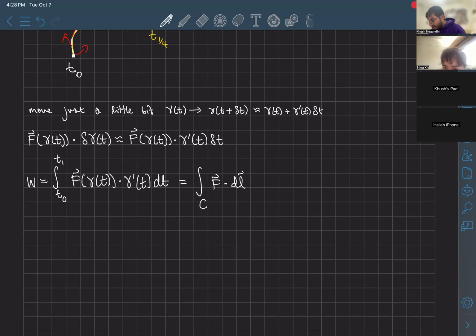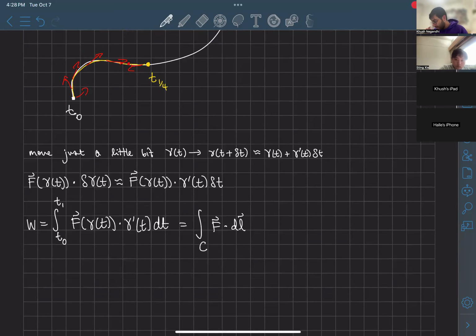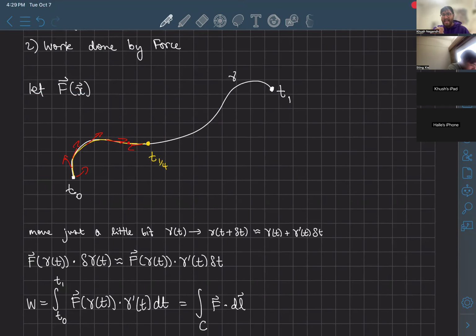So now what's the difference between C and gamma? Gamma is the function that takes in a time t and gives you a position of where you are on the curve, okay? And C is the curve itself. Or in other words, you can think of it as the image of the parameterization. So gamma is sometimes called the parameterization of C, and C is the actual curve in space.